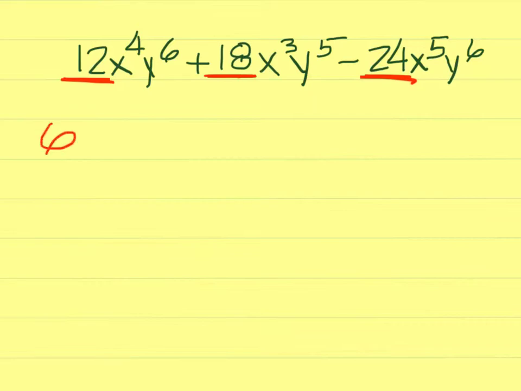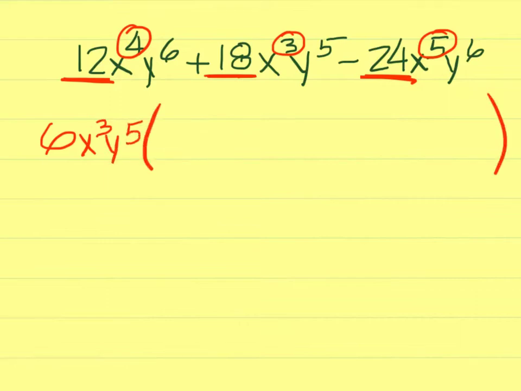That would be 6. Now look at the x's. Go in alphabetical order. Start with the x's. You have x to the fourth, third, and fifth. What's the lowest? Third. So you're taking out x to the third. And what's the lowest power of y? The fifth power, so this is what you're dividing everything by.